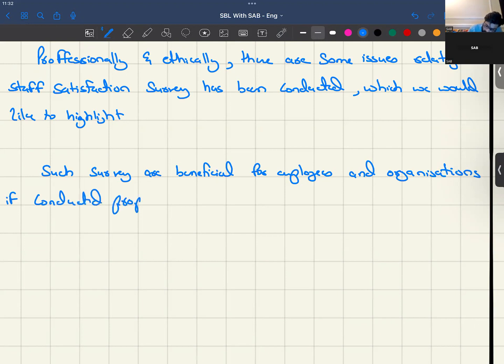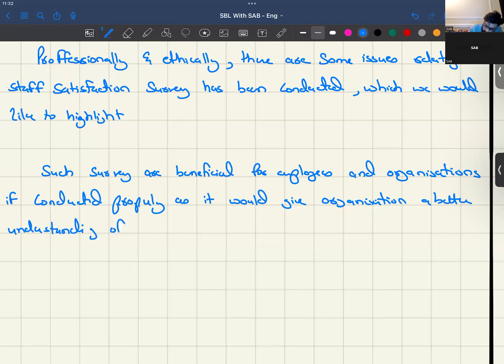If it's not properly conducted, then it's not worth it, as it would give employees or the organization a better understanding of employees and what they are thinking.